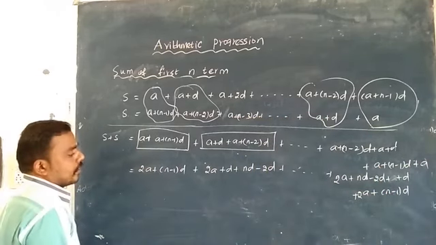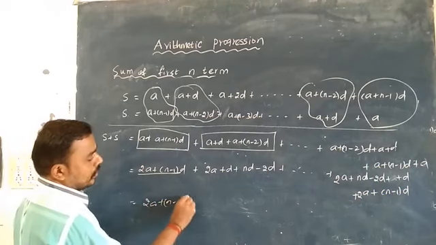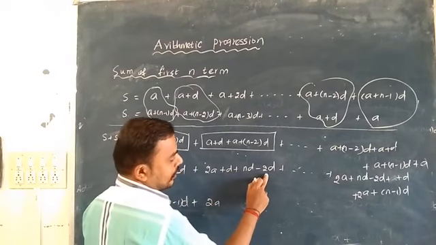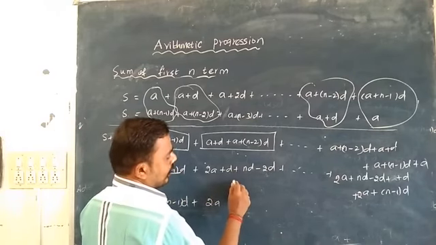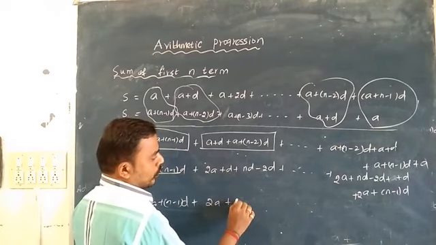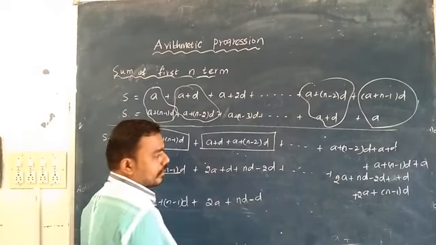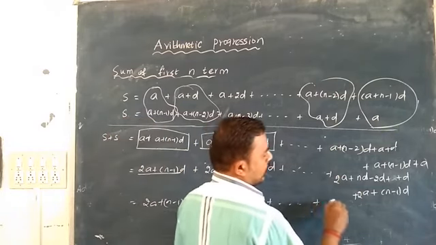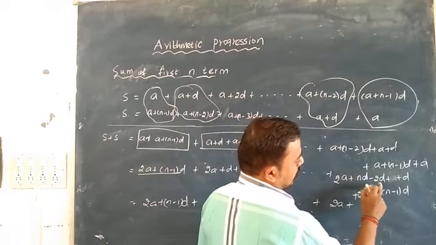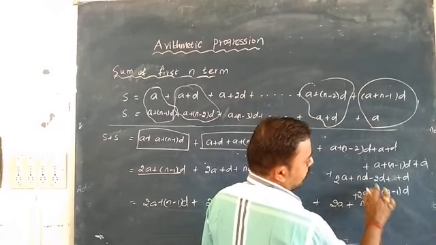Right. First thing, no problem, 2a plus (n minus 1) into d. Here 2a plus d minus d, so we can write it as 2a plus d, no. So n into d minus 1, minus 2 minus 1, so minus d, and so on, plus 2a plus nd and minus 1 minus d minus 2 plus 1.